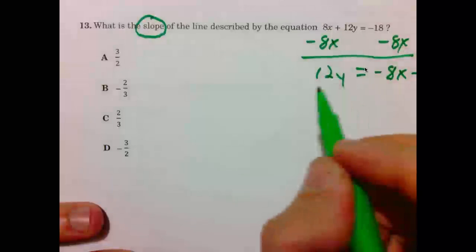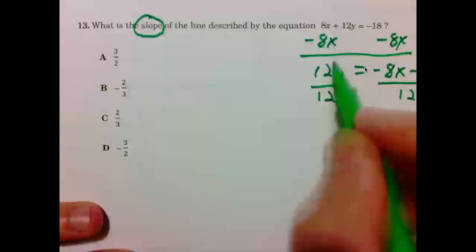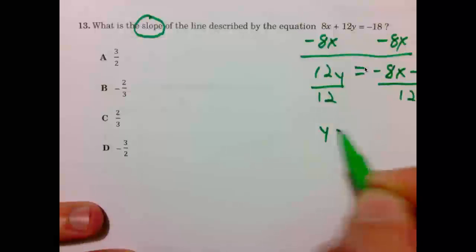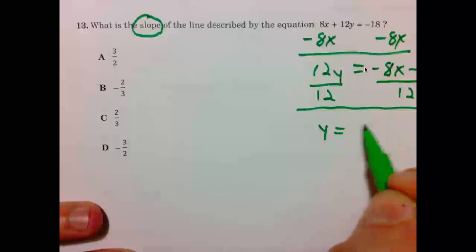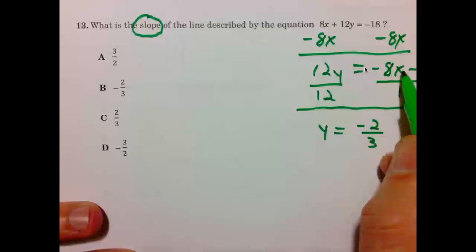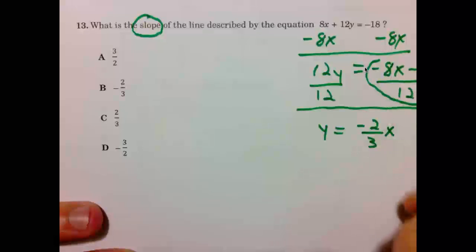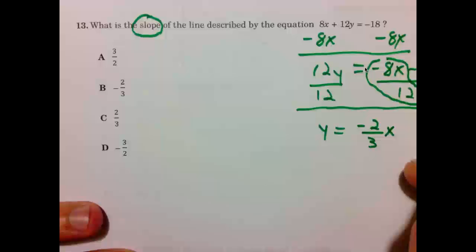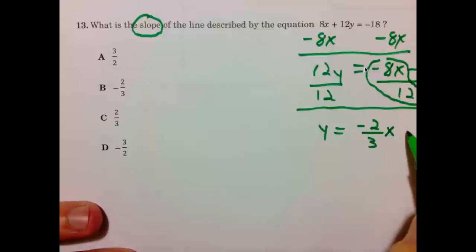Lastly, we divide by the coefficient 12. 12 divides 12 to leave y. Negative 8 divides 12, that is a negative 2/3, and it keeps the x with that term. 18 divided by 12, pardon me, is 3 over 2.